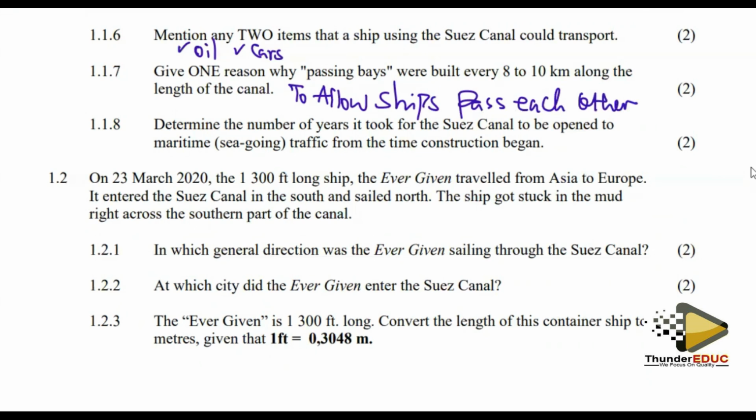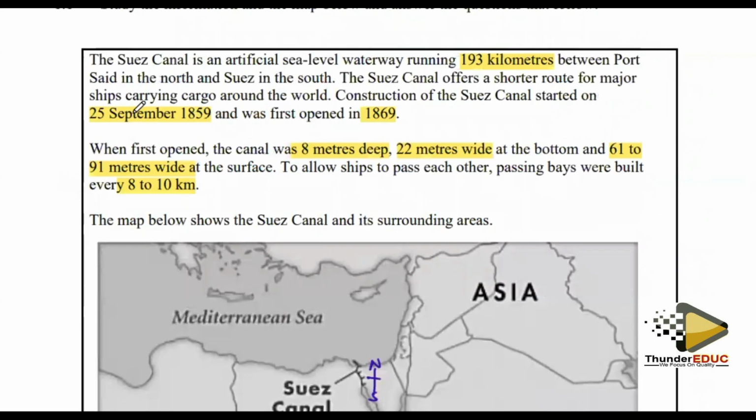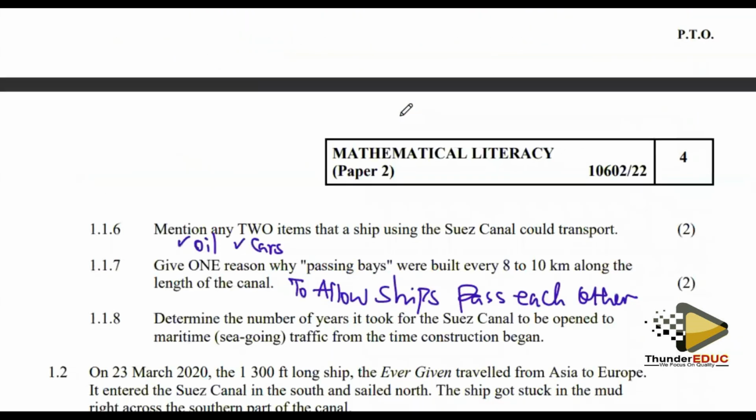Determine the number of years it took for the Suez Canal to be opened to maritime seagoing traffic from the time construction began. Let's see. Here we go. It began in, so we are determining the number of years. It's from 1859 to 1869.